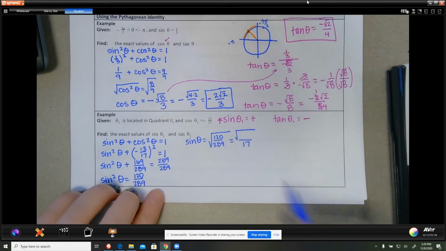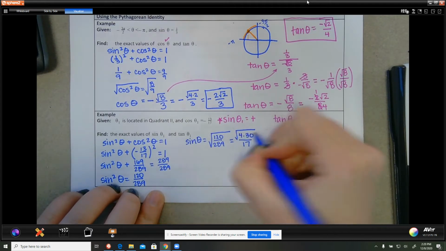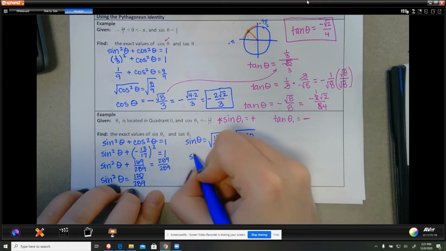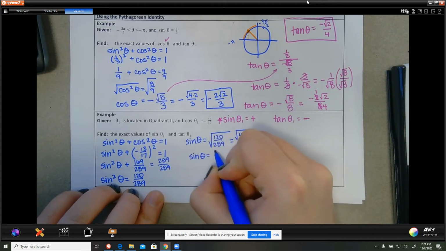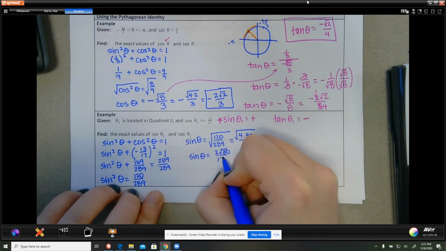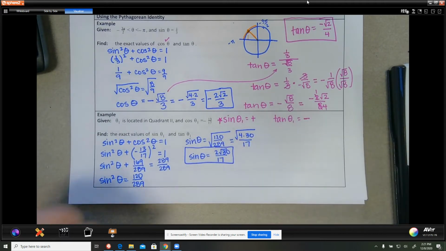So we can write this as 4 times 30. All right, so then this becomes sine of theta is equal to 2 root 30 over 17. Put that in the box.